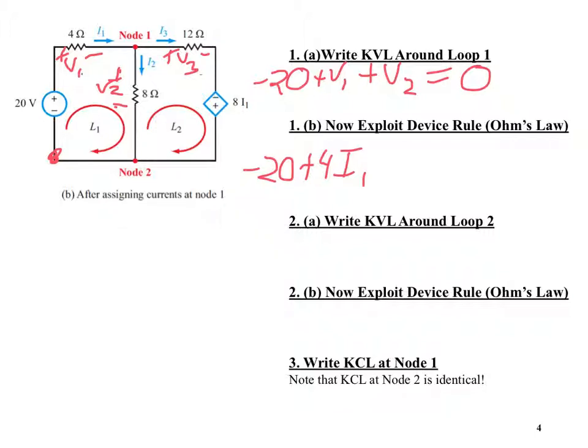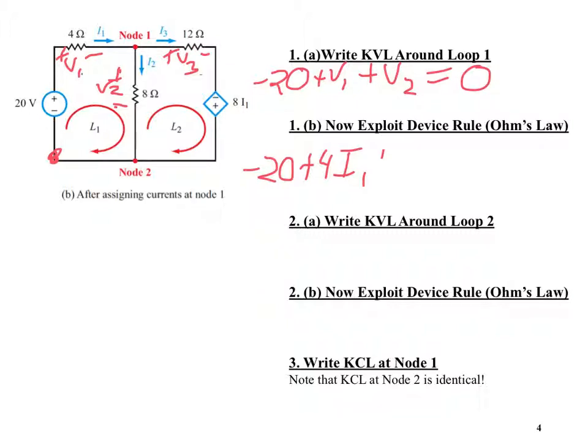Now we go to V2. Again, we see that we've set this up. Doesn't matter whether we did or didn't. If we didn't, we'll just have to include an appropriate negative sign. But because we have I2's arrow going into V2's plus, then we know that passive sign convention is satisfied, and V2 is equal to plus I2 times 8.